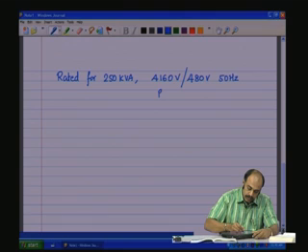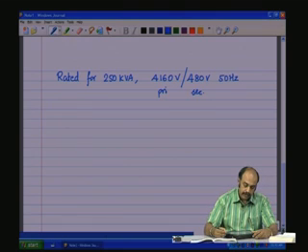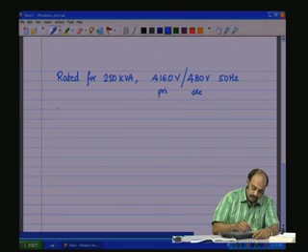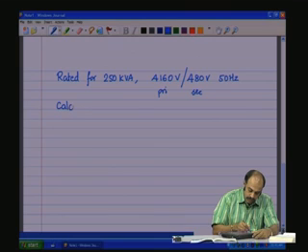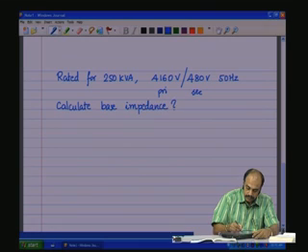So, this is the primary and this is the secondary rating. Now the question is, we need to calculate the base impedance.